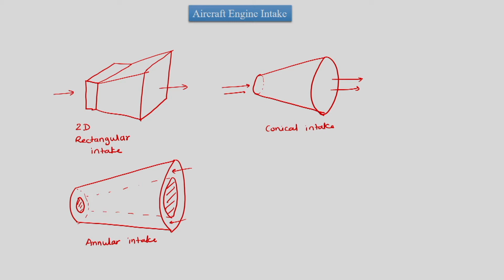Sometimes there might be a change in geometrical shape along the center line, or there might be a change in the slope of the center line itself.